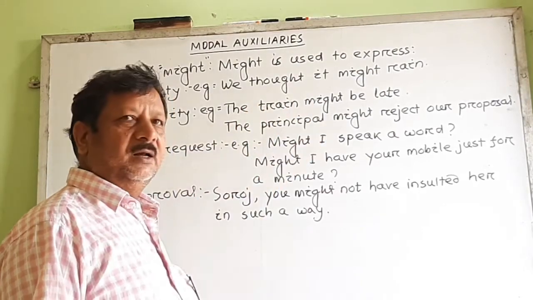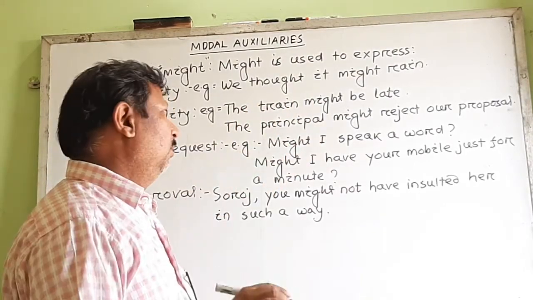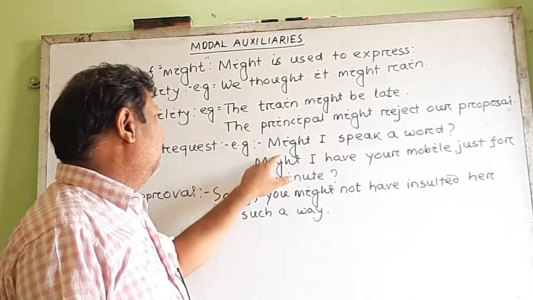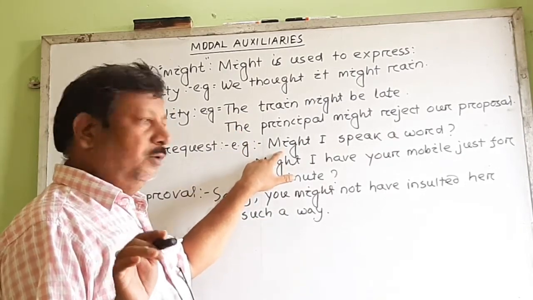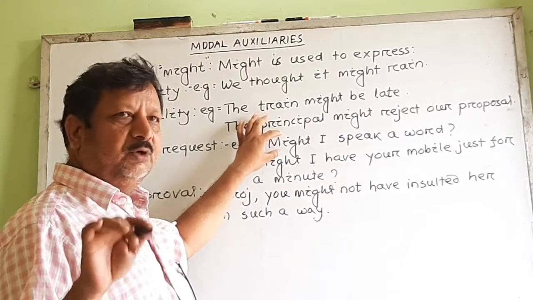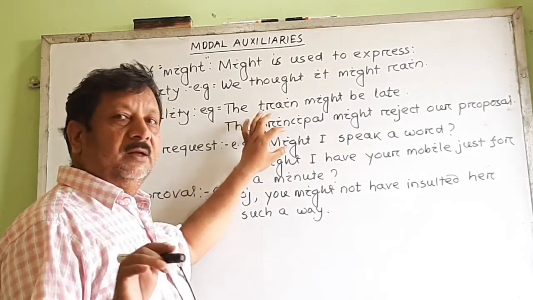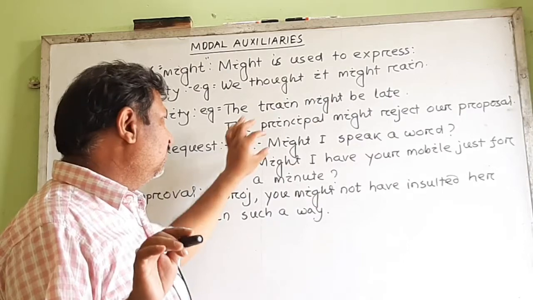Might I speak a word? When someone speaks to another, might can be used here. Though these are not in vogue at present, and we do not use them anyway, these are certain uses we should learn about.